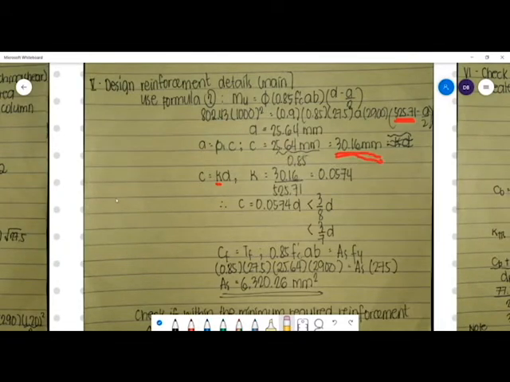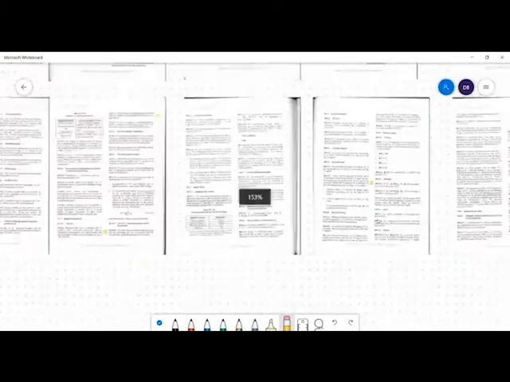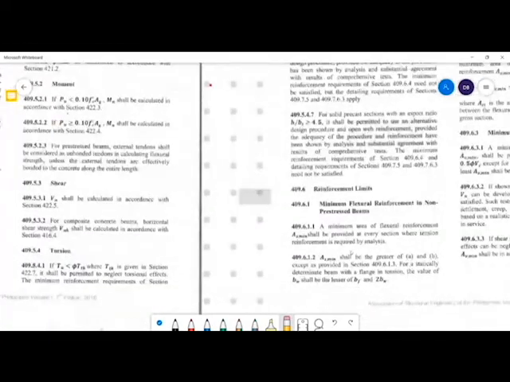So looking at the code, let's look at our NSCP code again, okay? Minimum area of flexural reinforcement AS min shall be provided at every section where tension reinforcement is required by analysis. AS min shall be the greater of A and B except as provided in 409.6.1.4.3.